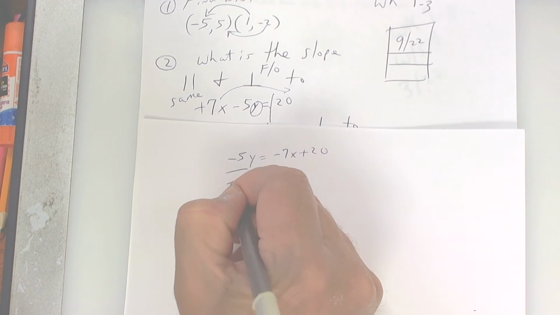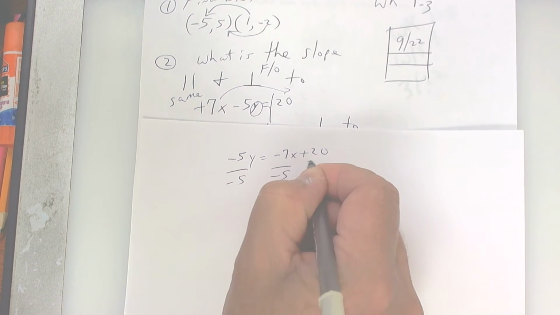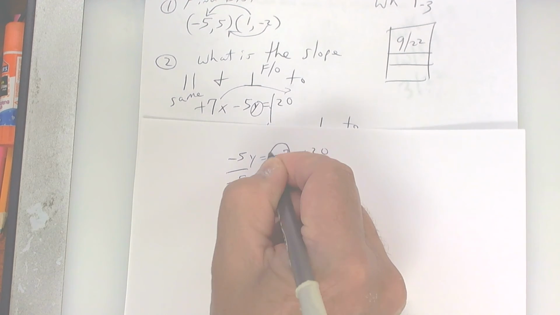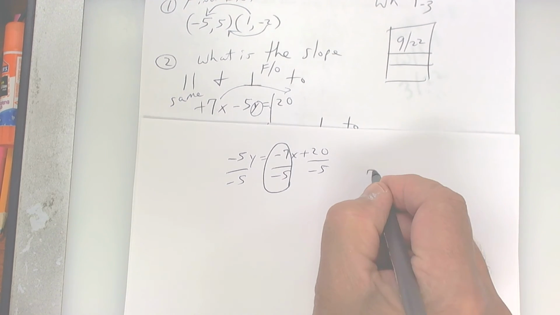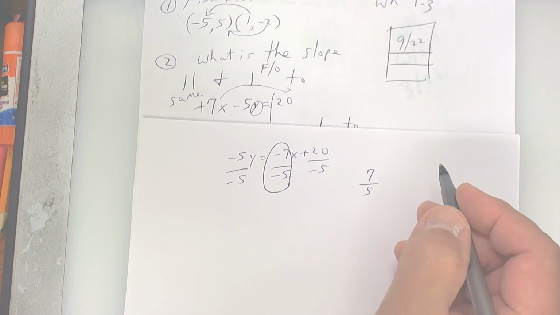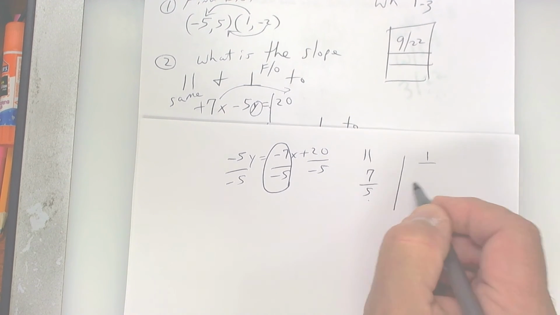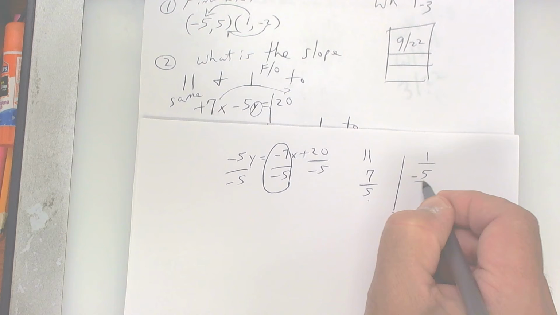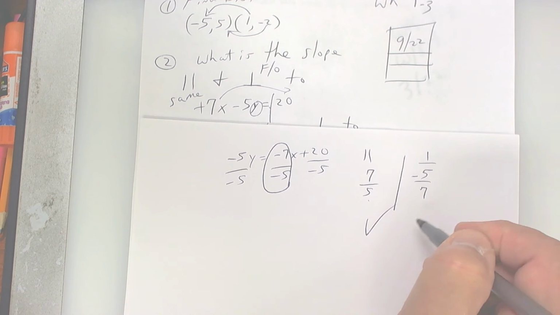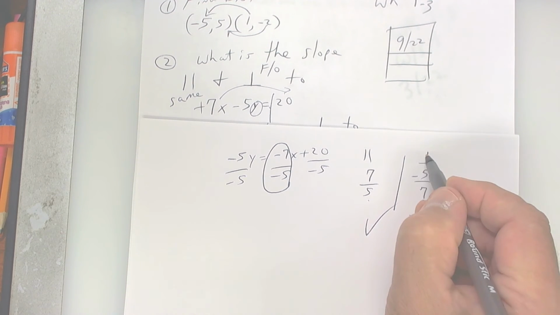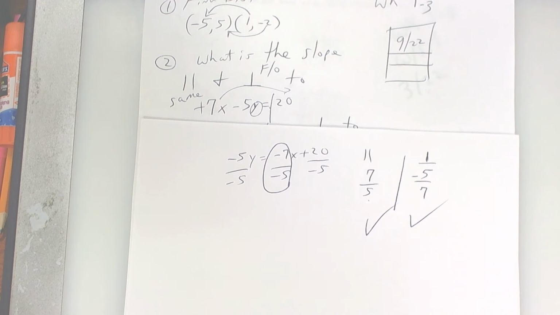And then you're going to divide by negative 5. So your slope is right here, and that's a positive 7 over 5. So if you want parallel, you use the same slope. If you want perpendicular, you got to change it and flip it. And there it is. Parallel and perpendicular. Make sure you understand that. Okay, it's EOC stuff.